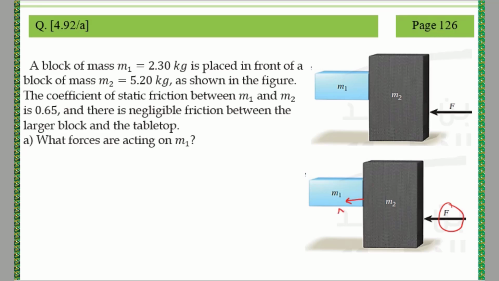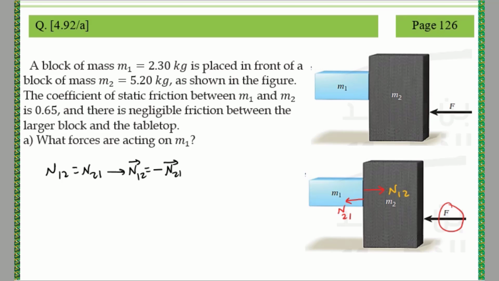Let us name it N21, normal force from 2 to 1. According to Newton's third law, M1 will push back M2 to the right with a force, normal force N12. And according to Newton's third law, N12 equals N21, but in the opposite direction. So in vectorial notation, N12 as a vector is minus N21 as a vector.